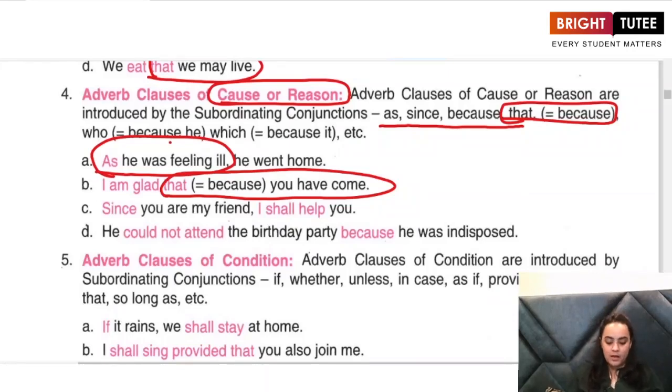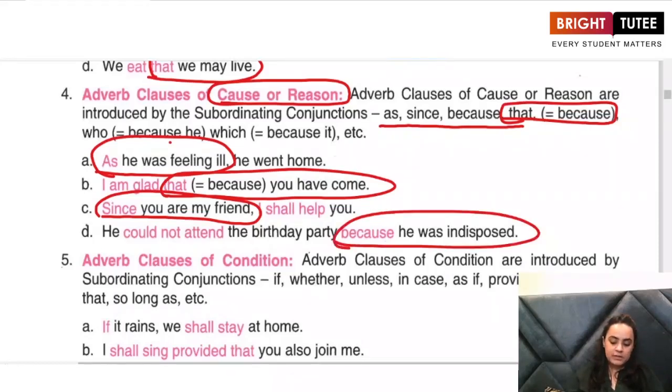Since you are my friend, I shall help you. What is the reason for me to help you? Since you are my friend. He could not attend the birthday party because he was indisposed. He was not well. So what was the reason for him not attending the birthday party?